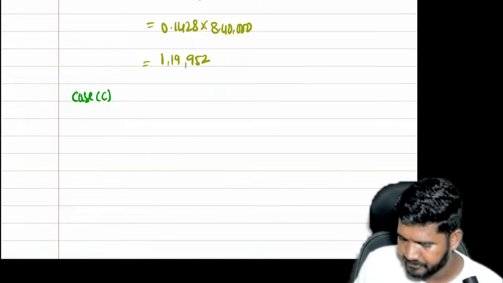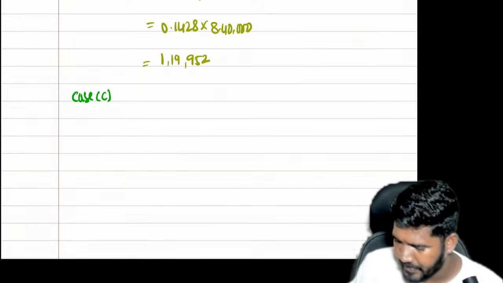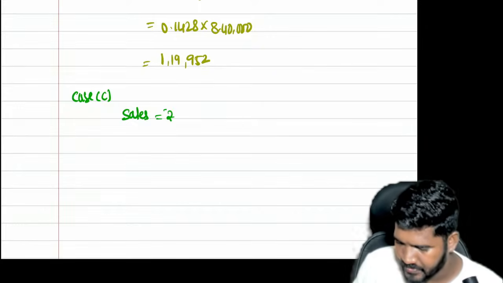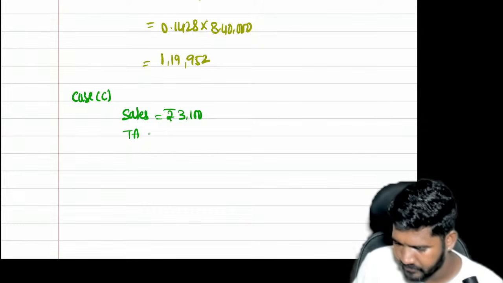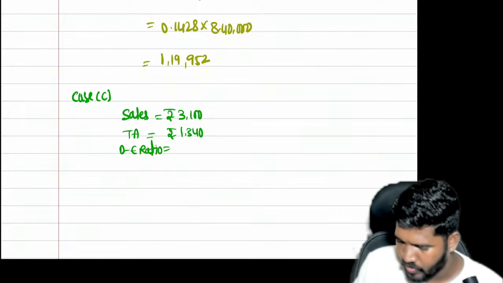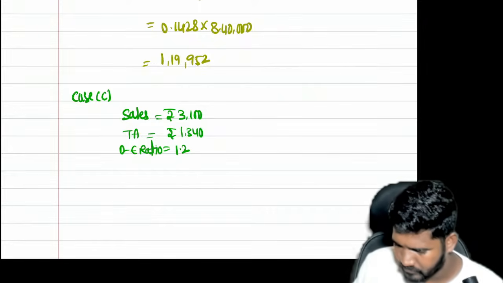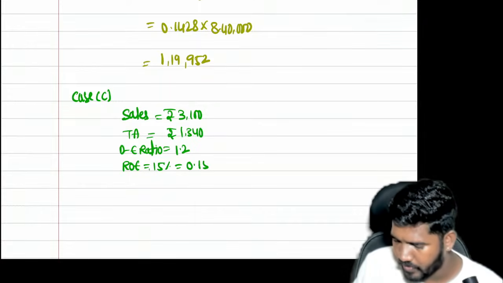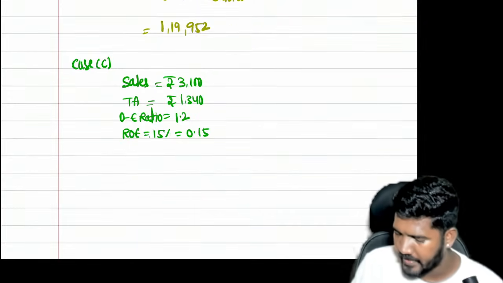Case C, given information: sales rupees 3,100, total assets rupees 1340, debt equity ratio 1.2, return on equity 15%. You can write like this, 0.15. Now they need net income.